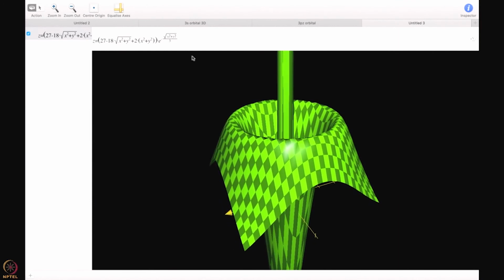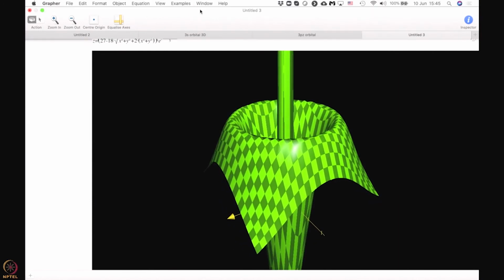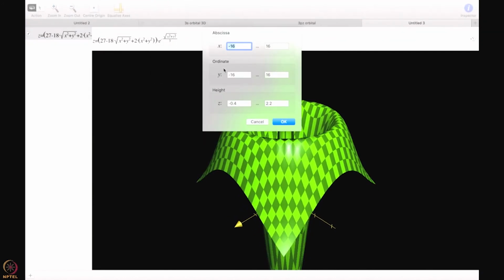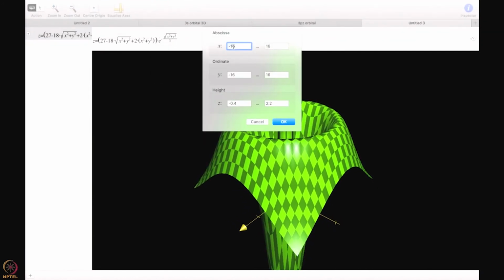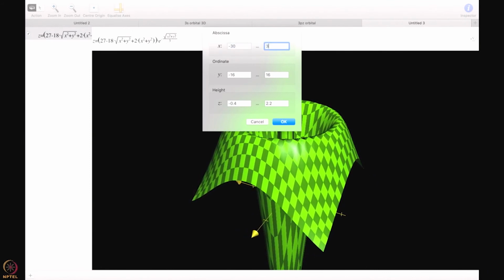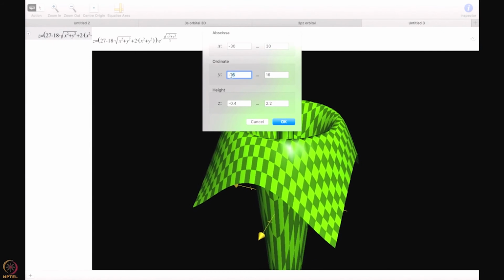This is your 3s for you, and draw the frame limits. We will draw it from minus 30 to 30, same here.